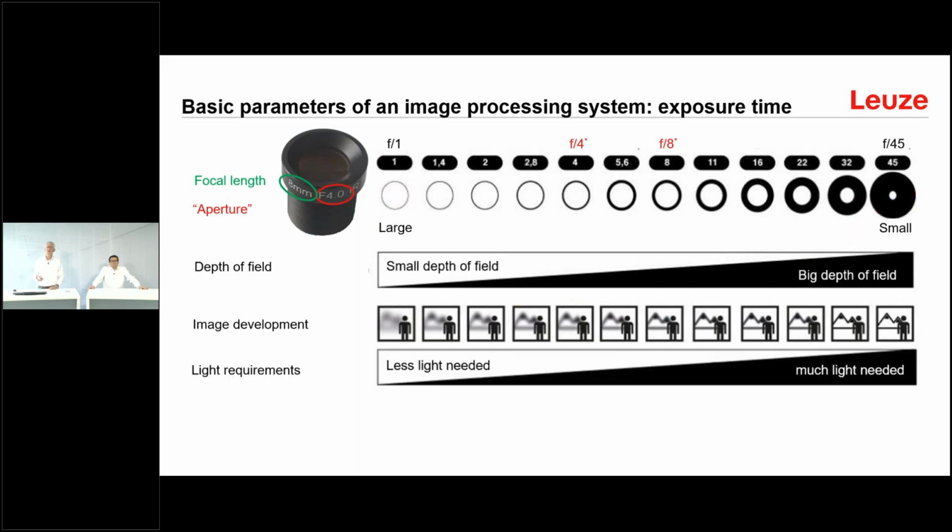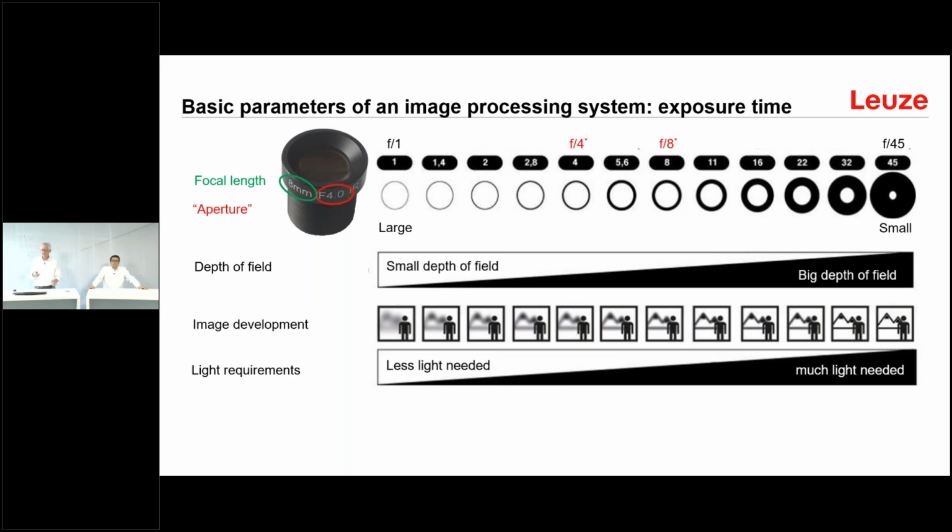Now you can easily understand that if you have a large aperture hole, more light is going into the camera and is received by the imager. And if you only have a small pinhole inside the lens, then you need more light to get a really bright image with a good contrast finally.